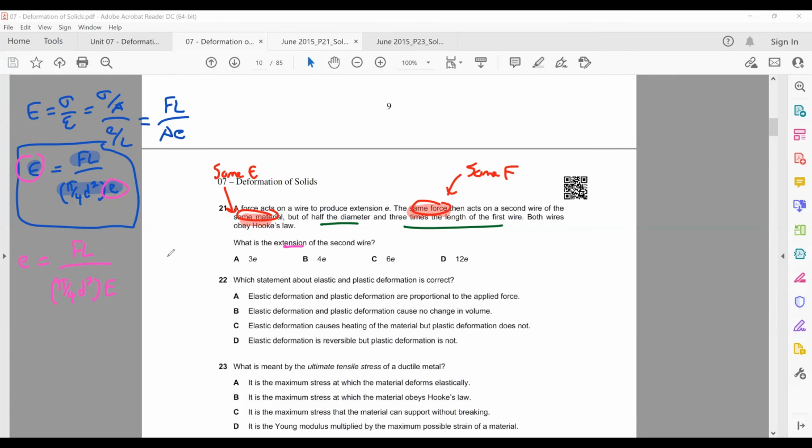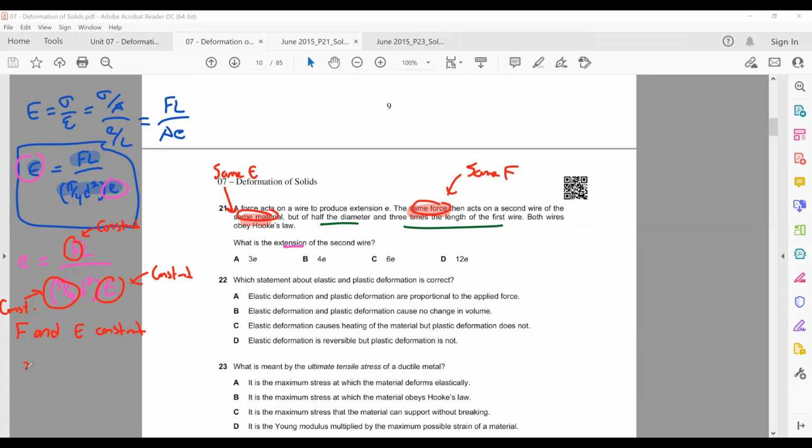Now I will say that F and E are constant, and pi over 4, needless to say, is also constant.